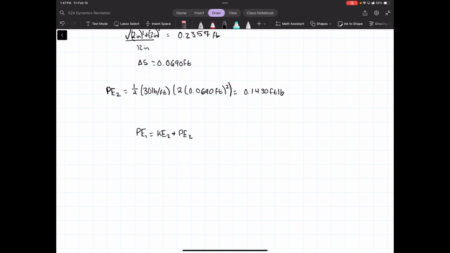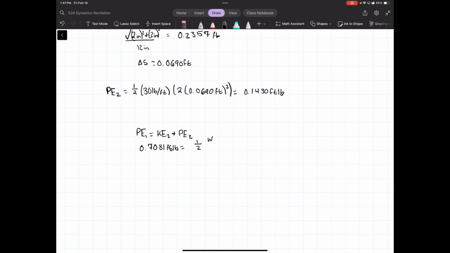So we have 0.7081 foot-pounds is equal to 1/2 the mass, which we're given the weight of the block.